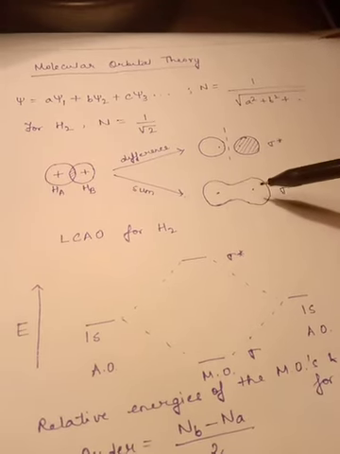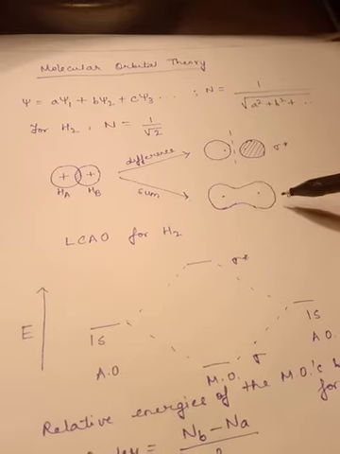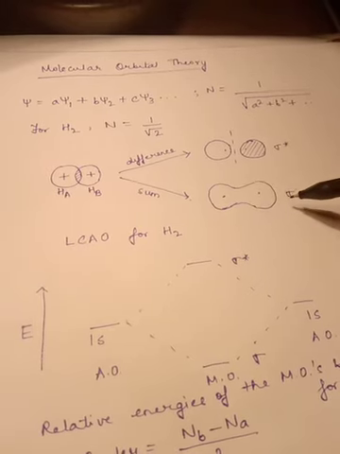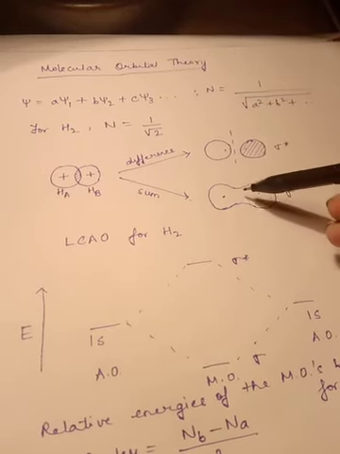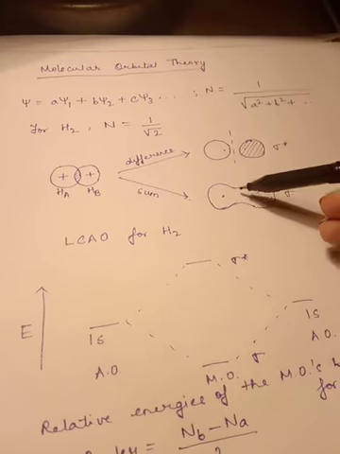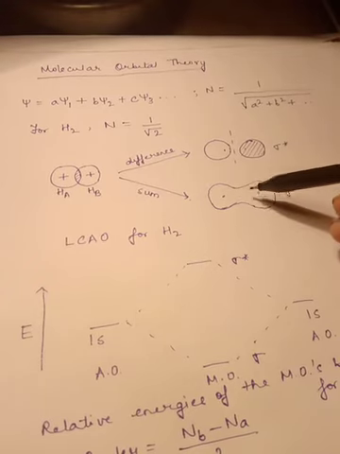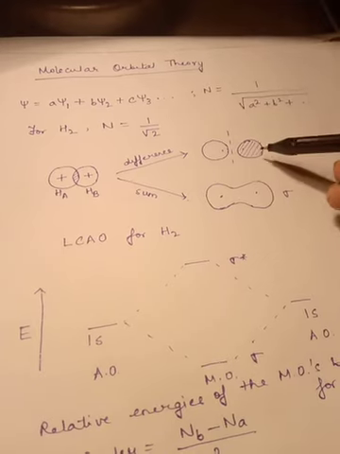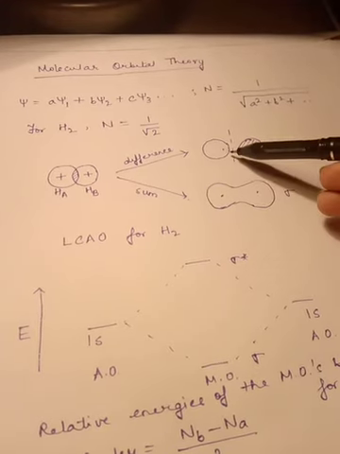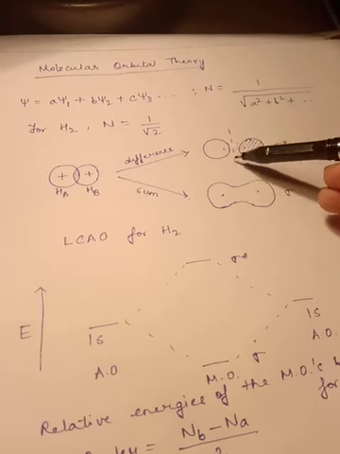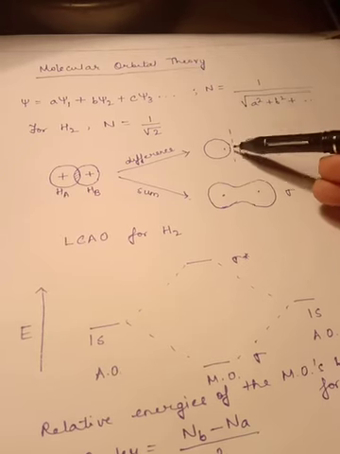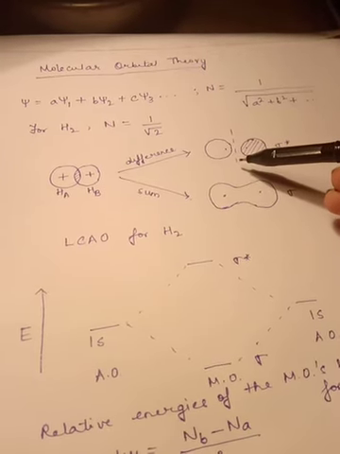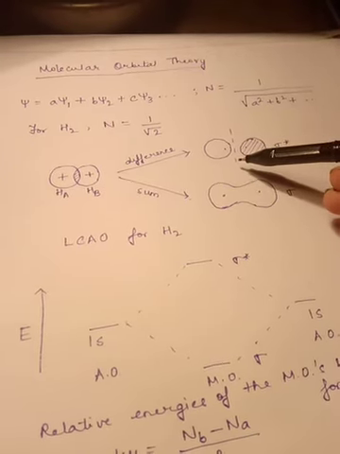Also, an easier way to remember this is, in case of the bonding MO, as in case of sigma, you can see that the electron density in this region between the two nuclei has increased. So this is stabilized. And in case of the anti-bonding MO, here there is no electron density. In fact, there is a nodal plane here. Nodal plane signifies a plane where there is no electron density. So what is the consequence of this?